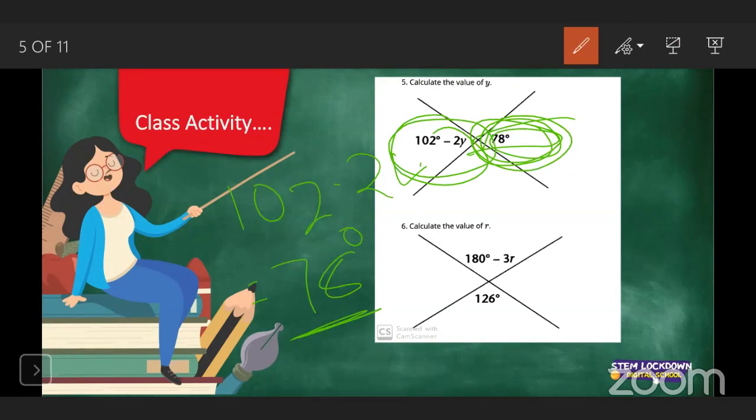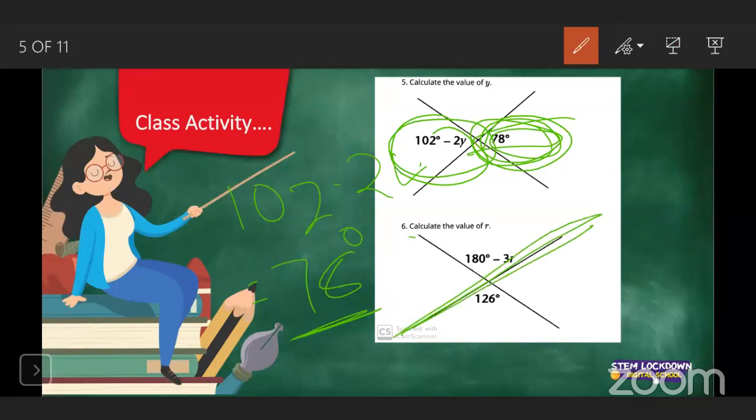Now we'll be calculating the value for r, not the value for 3r. They are asking us to calculate the value for r. But to verify our answer, we'll do our workings again to see if it is correct. Our answer for this one must be 126, because it's vertically opposite, because our lines here are straight.